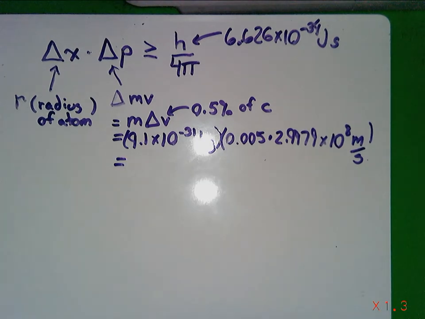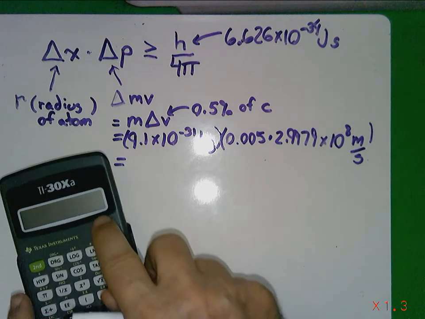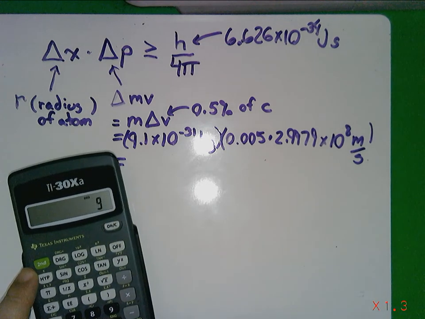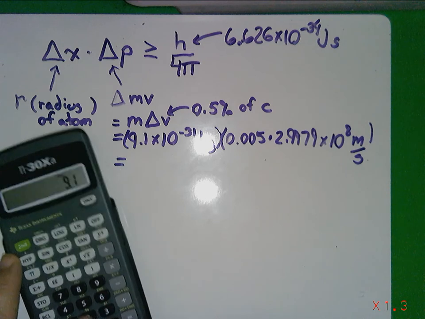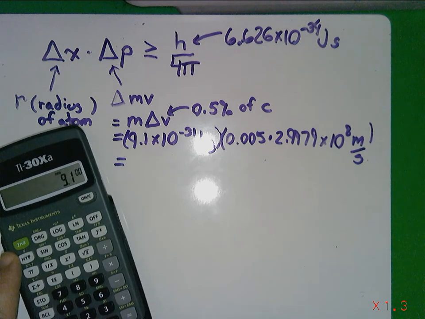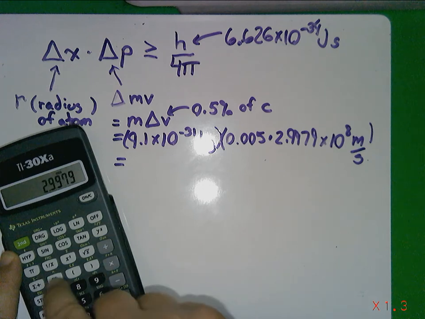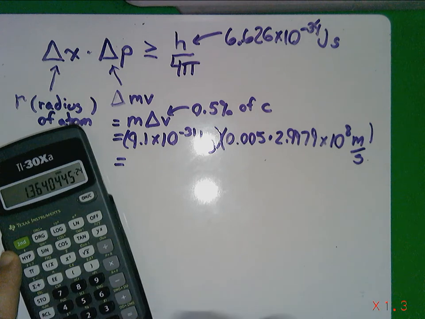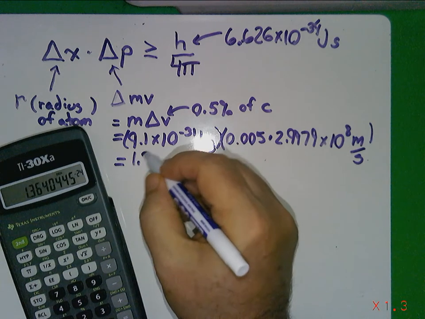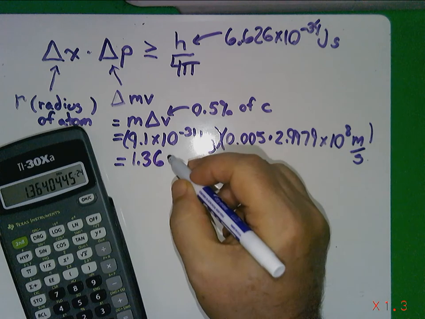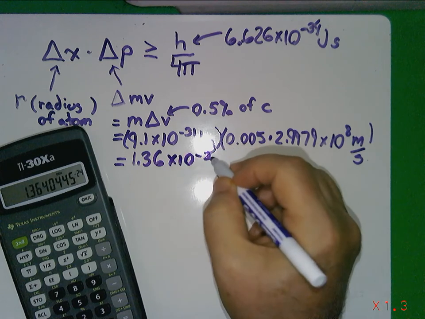Let's go ahead and do the math. 9.1 EE minus 31 times 0.005 times 2.9979 EE8 gives me 1.36 times 10 to the minus 24.